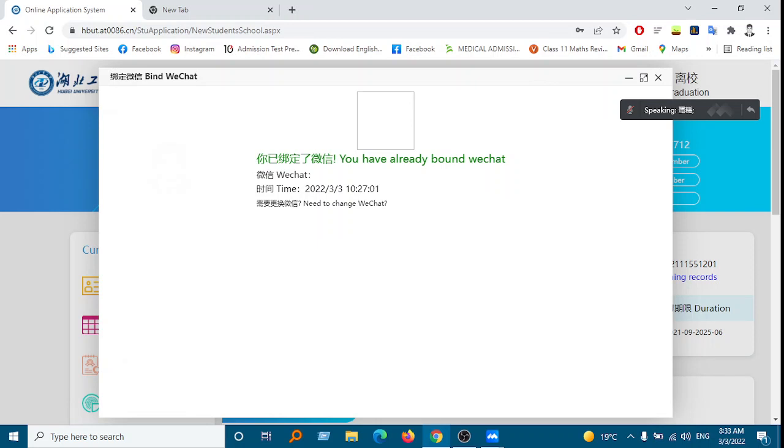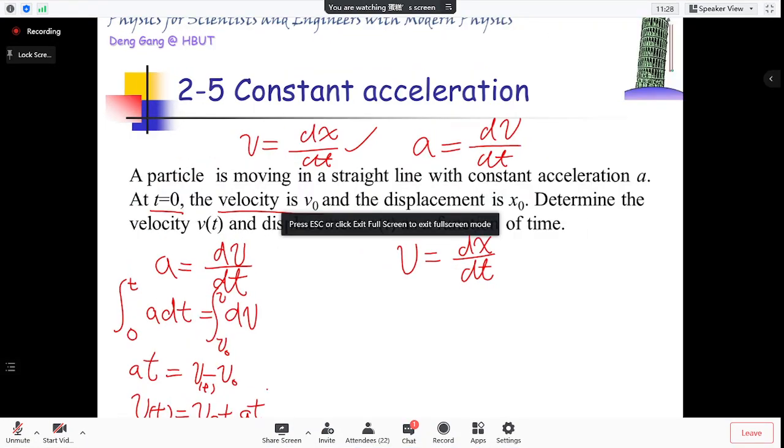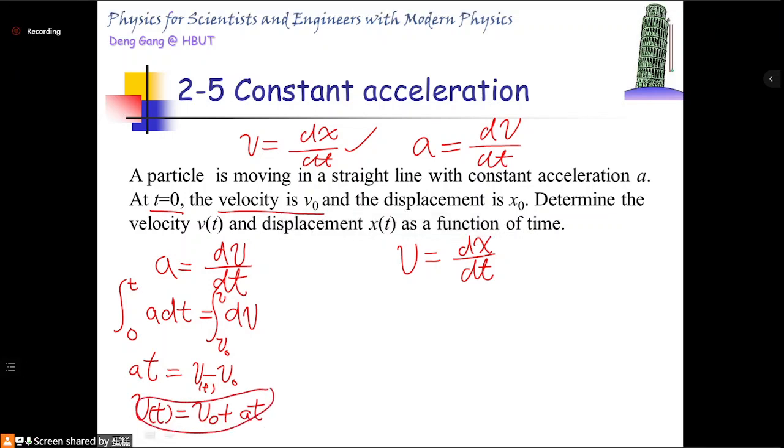So that's v. Then we are going to determine x. If you want to determine x, you need to use this one: v is equal to dx over dt. Then we substitute v, which is equal to v0 plus at, into this equation.